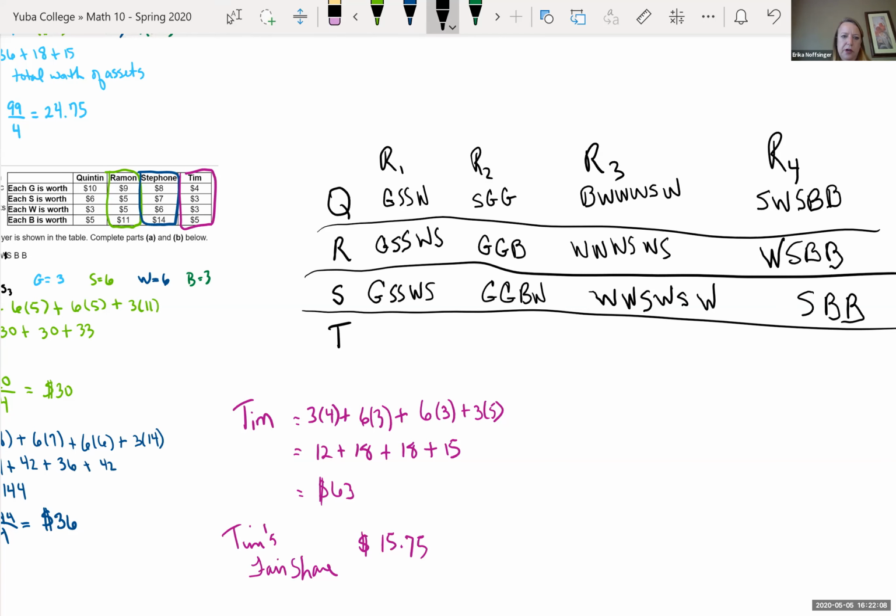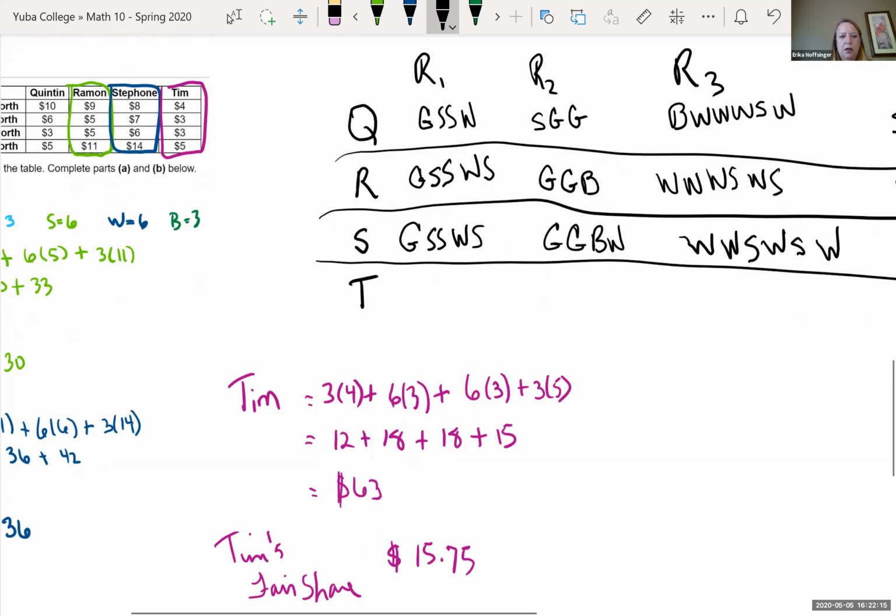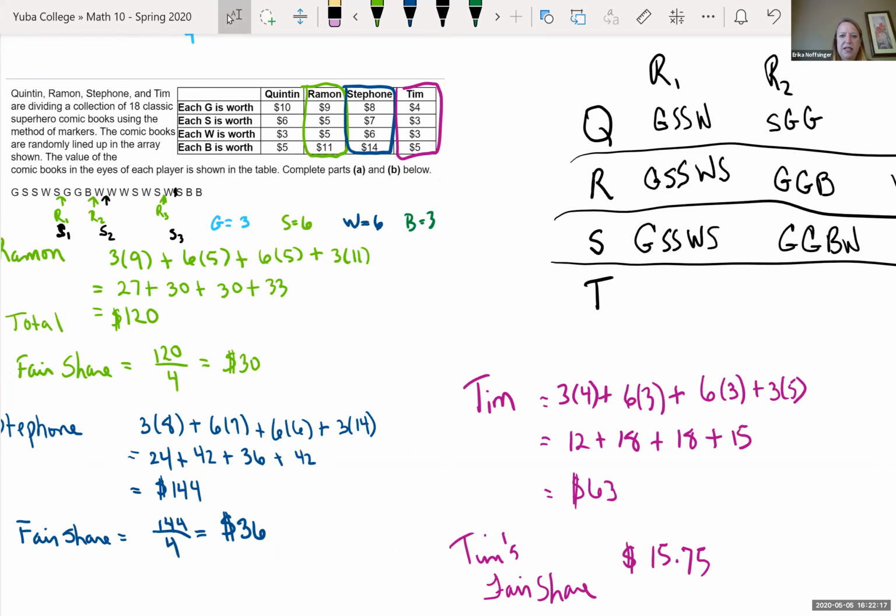So going now, we have to look at putting Tim's markers down. Tim, we got G, which is $4, plus S, which are $3 each. That's $6.